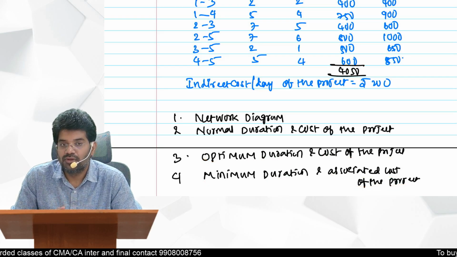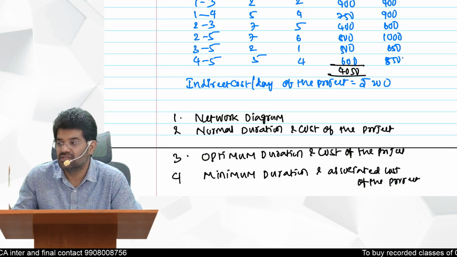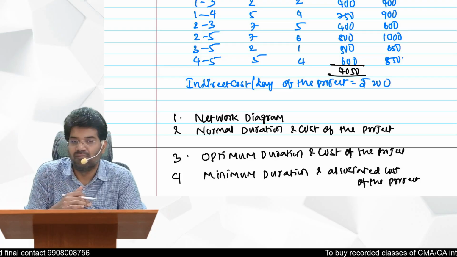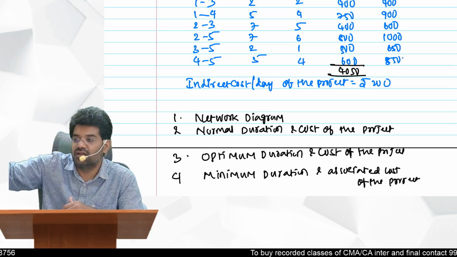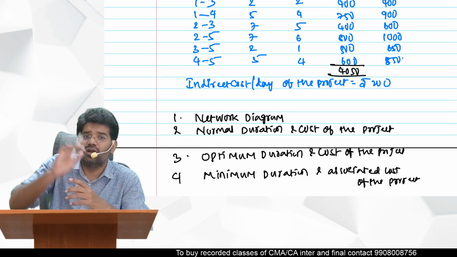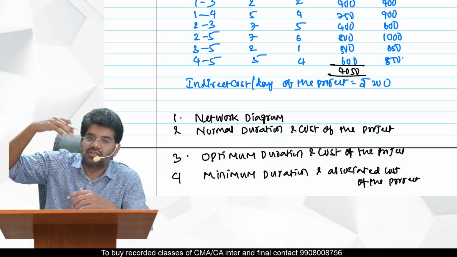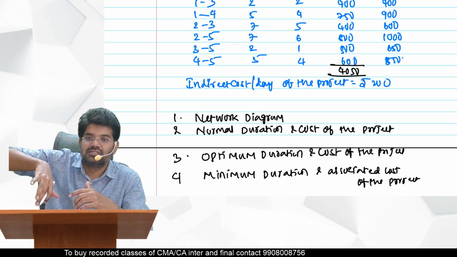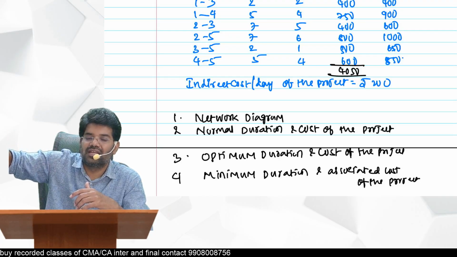What is optimum duration? If you crash the project till a stage where your savings are more than the cost, that is called optimum duration, and the cost relating to that is called minimum cost. But if you go beyond optimum duration and reduce, even though your savings are lesser than costs, to the maximum limits, the duration you achieve is called minimum duration.